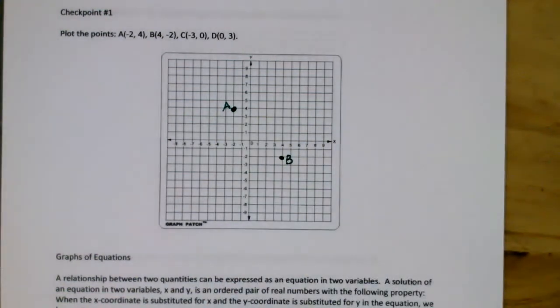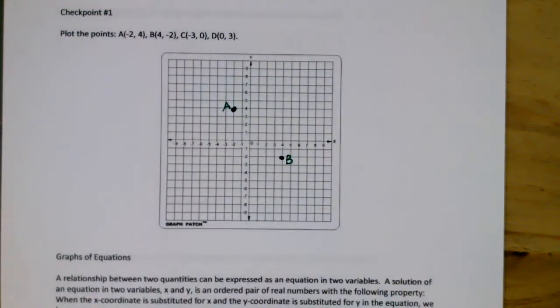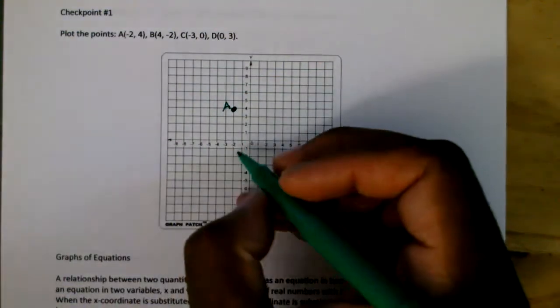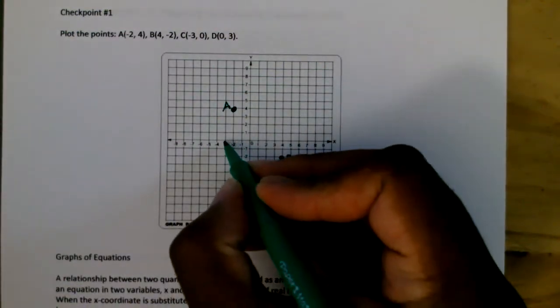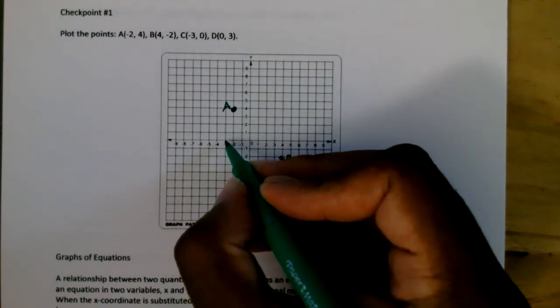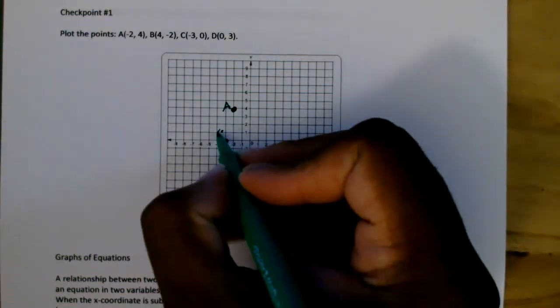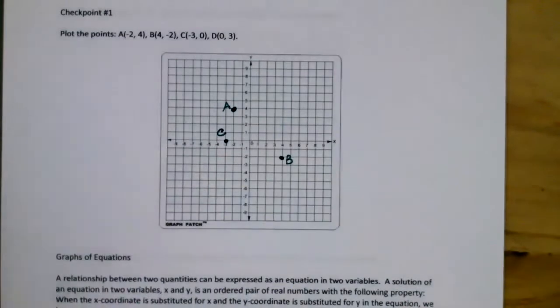And here I'll label that as B. Now point C has the ordered pair -3, 0. So we start at the origin, we go to the left 3. Now my y coordinate is 0. That means I don't go up or down. So that means C is going to be on the x-axis.